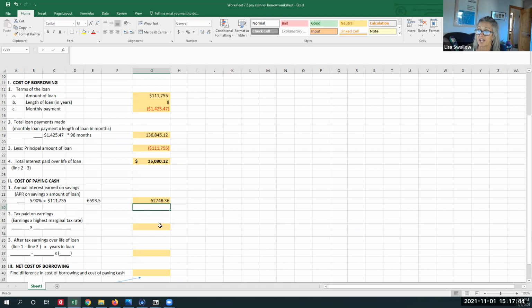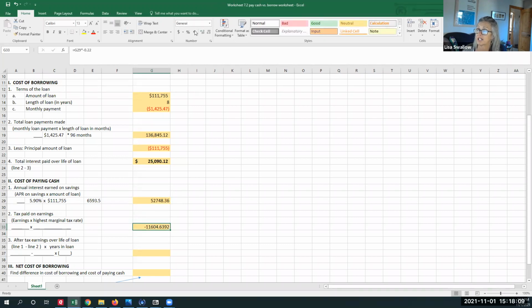So how much tax am I losing? So calculate what you think the tax bite is over that period. So it's 22% of that amount goes out the door in taxes.